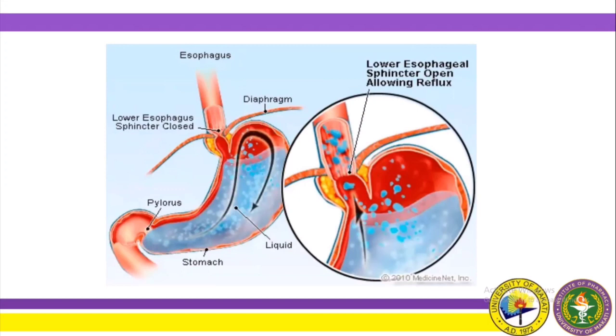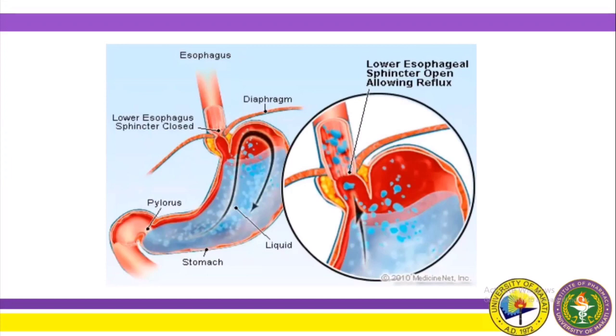And this muscle remains tightly closed except when you swallow food. So, in a normal person, when we take in food or water, there is what we call the LES before it goes to the stomach. And this is a muscle that opens and closes. In a person without GERD, it only opens if we take something in. Well, in a person with GERD, whether you take something in or not, it stays open.